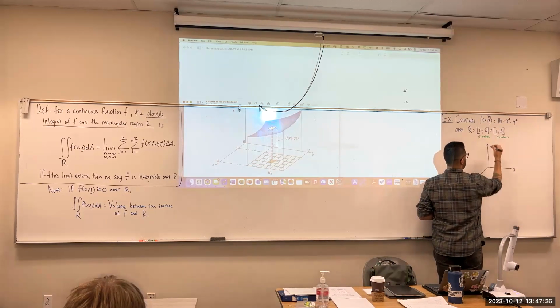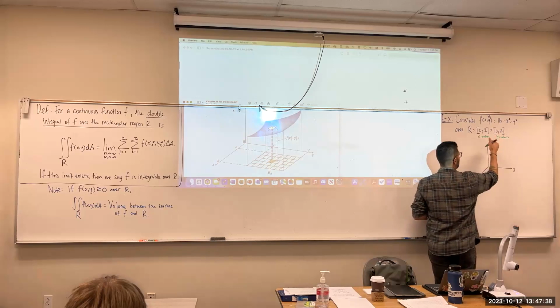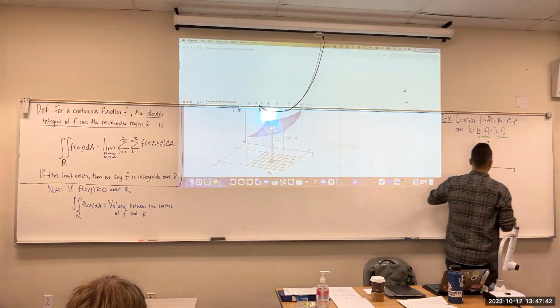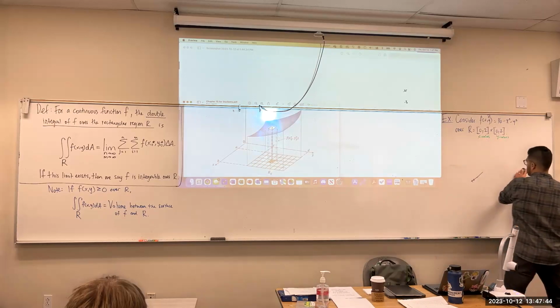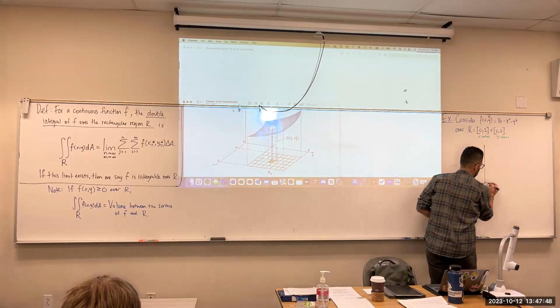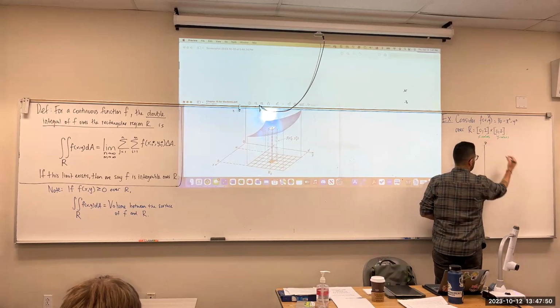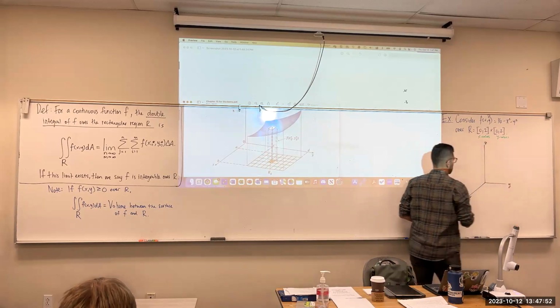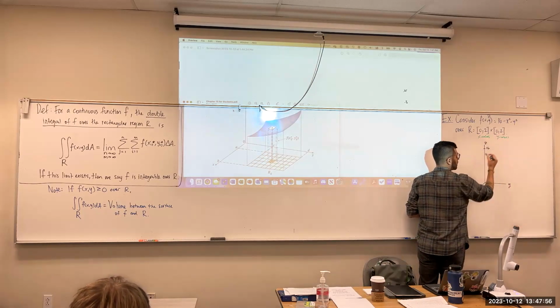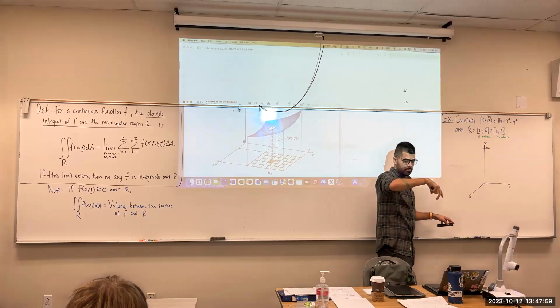Or at least the traces for the 2 planes here that we mentioned. Actually, let me go like this. Z, Y, X. Okay, so yes, it should be a paraboloid shifted up to 16, facing down. Okay?